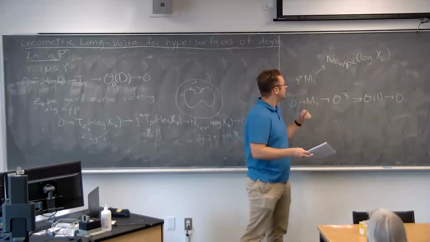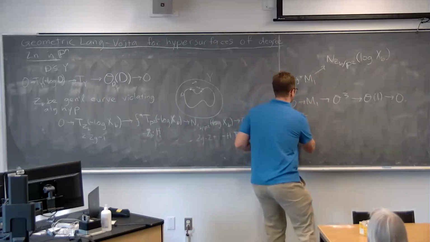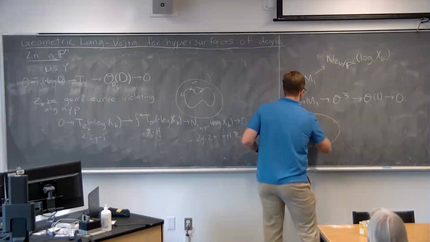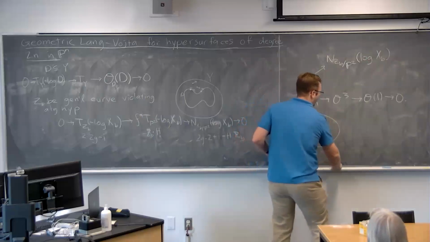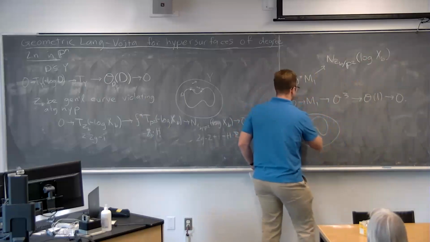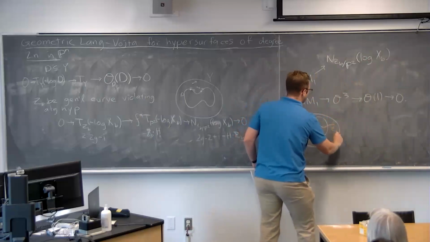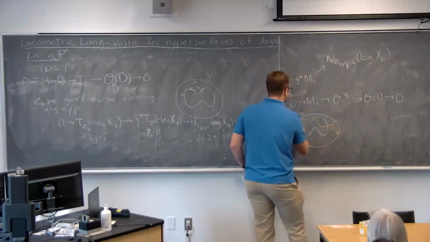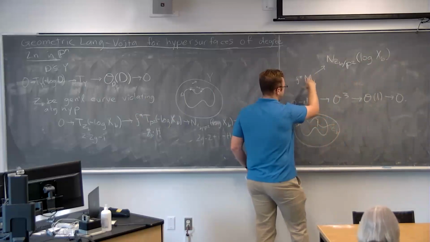You can show that to each point of your Z, here's our Y, and then we've got some exceptional curve Z, we're associating a line corresponding to the destabilizing kernel here.